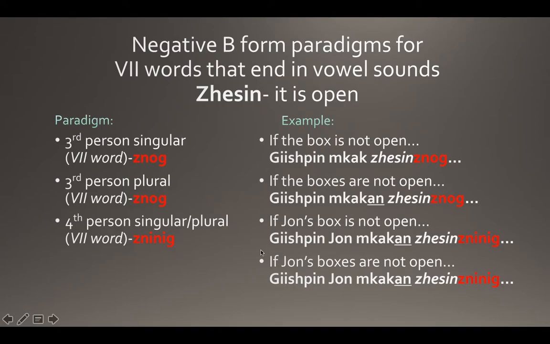So altogether, that's gishbin John mkukun jasin zninig. And so that's how you would pronounce the singular and the plural at this. They sound the same. So again, you need previous information to distinguish if your noun is box or boxes.